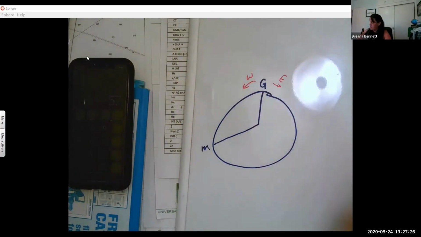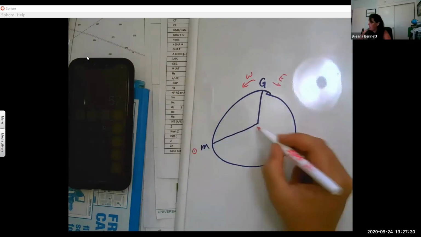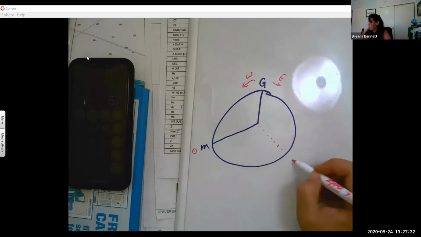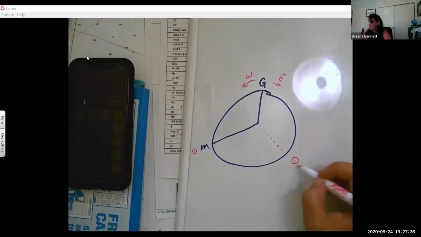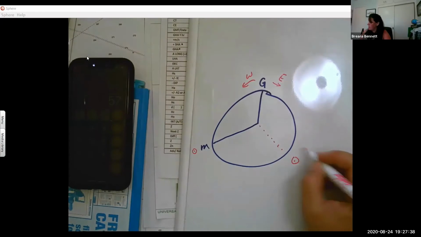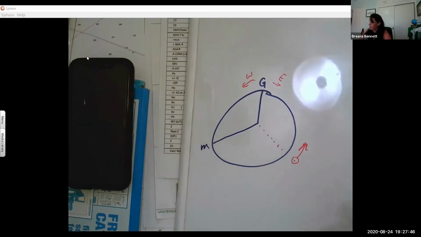The sun passes our position at noon, and then it sets over here, right? That's where the sun set at when we shot. So the sun was over here or slightly below the horizon, moving this way when we shot these stars.